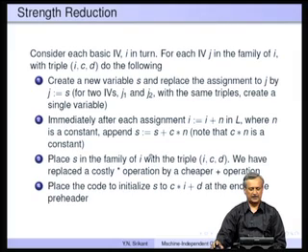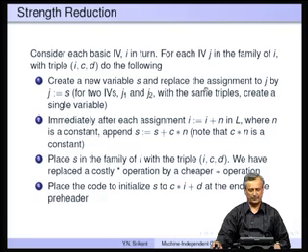So, now the next transformation that we need to understand is strength reduction, and after this we will look at induction variable elimination. So, consider each basic induction variable I, and for each induction variable j in the family of I, let us say its triple is I, c, d, we want to actually reduce the strength of j.